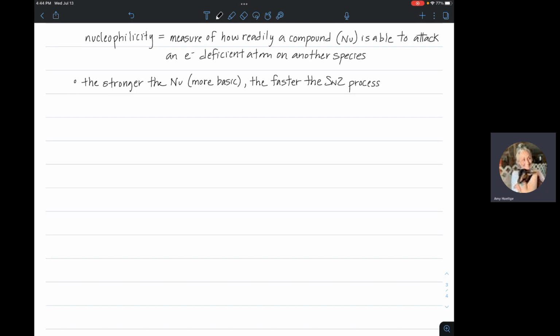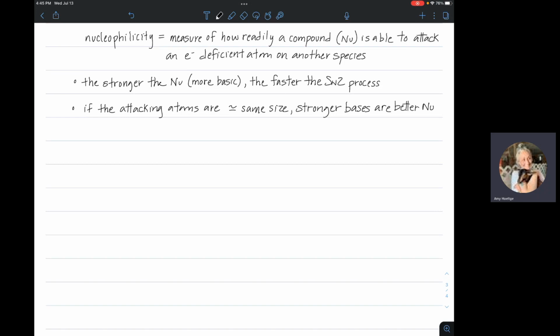If you're wondering how you know about the bases: if the attacking atoms are about the same size, stronger bases are better nucleophiles.